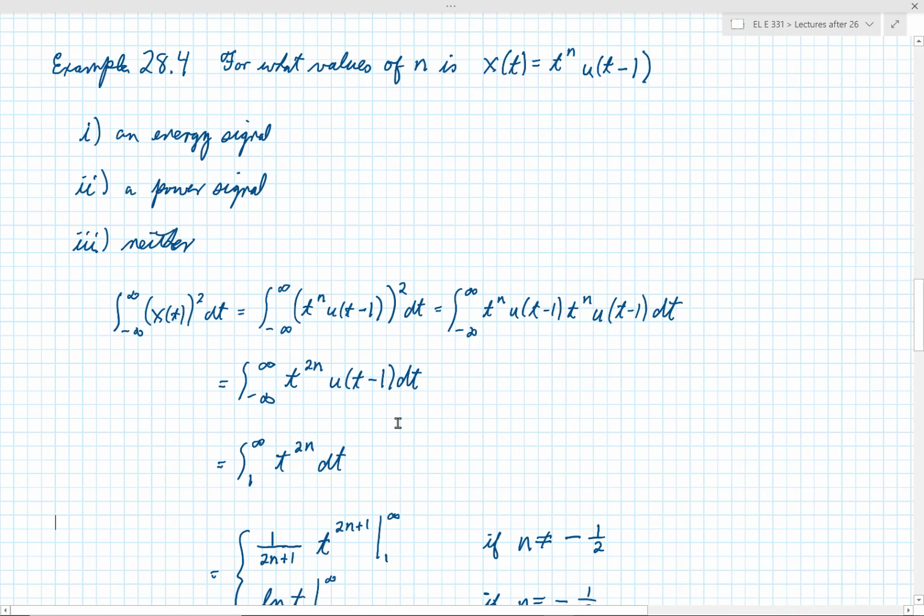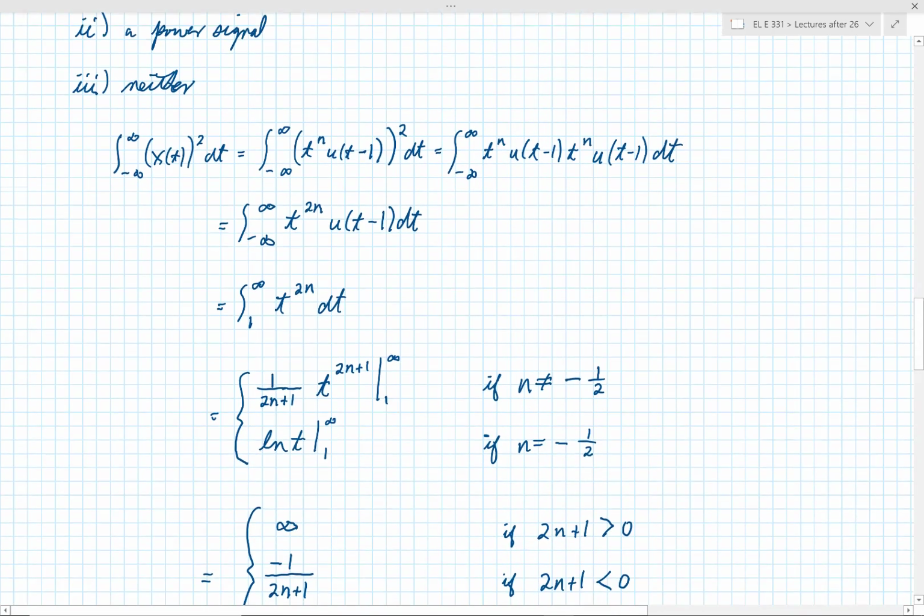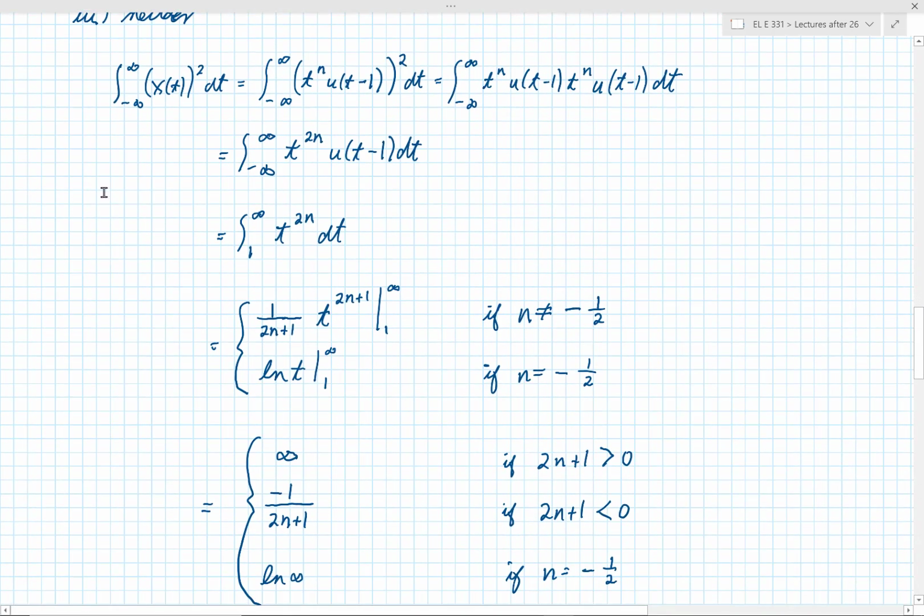And then we know from our previous work with the integrals that have unit steps in the argument, what we can do is just modify the limits on the integral and then take the u function out. And so that's what we've done here. Since this function is equal to 0 for t less than 1 and it's equal to 1 for t greater than 1, we will get this.